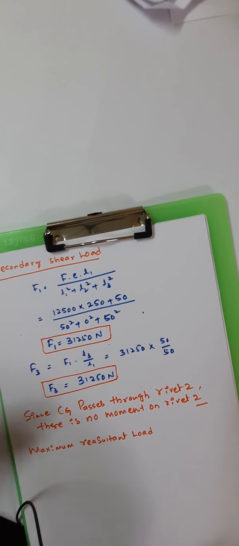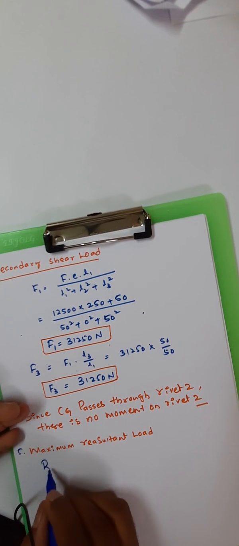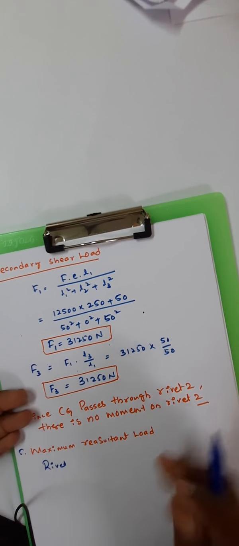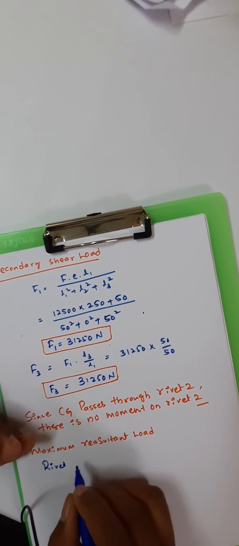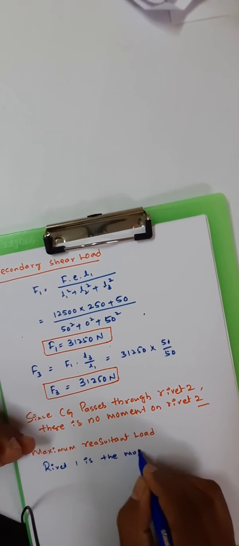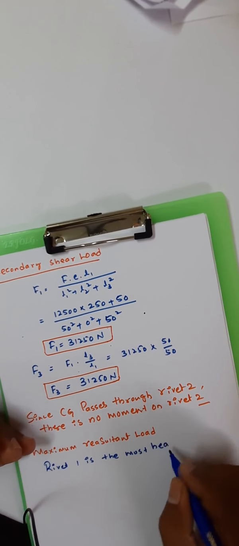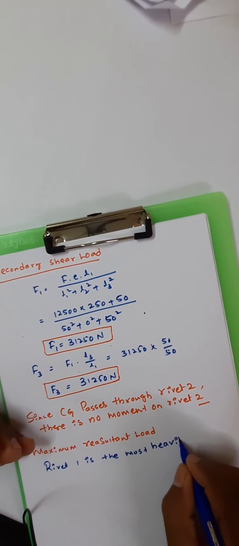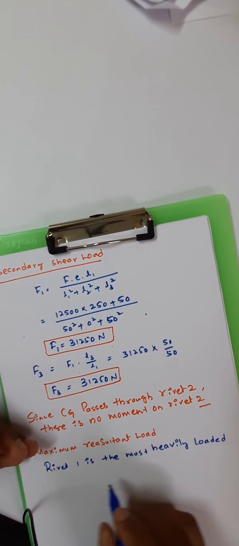So with respect to this, rivet 1 is the most heavily loaded rivet.